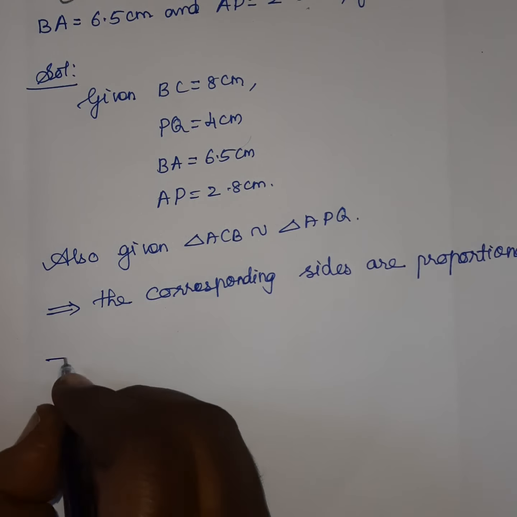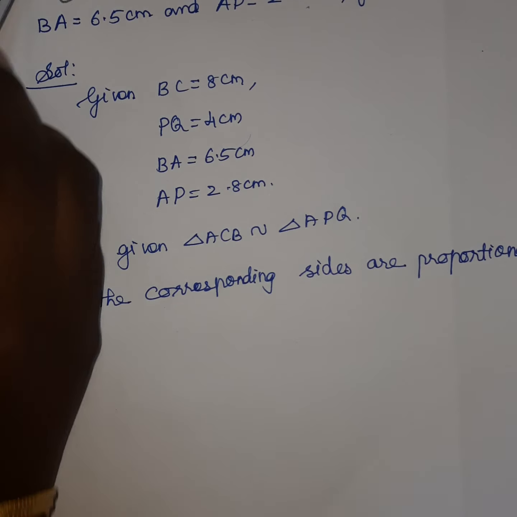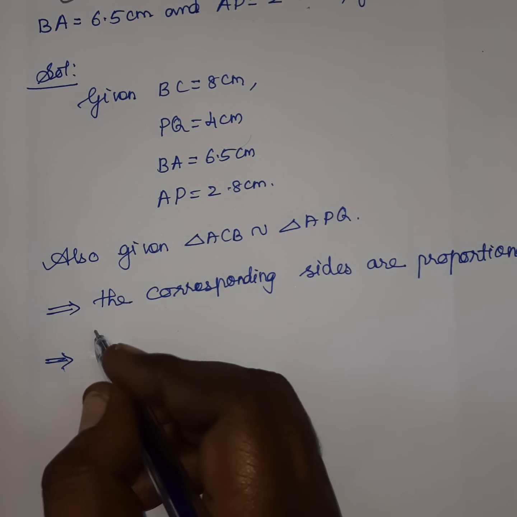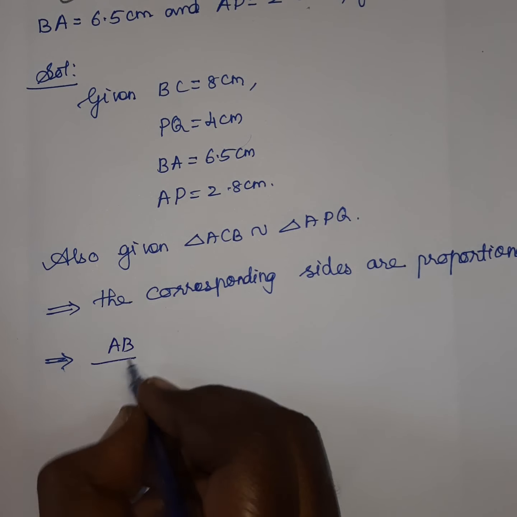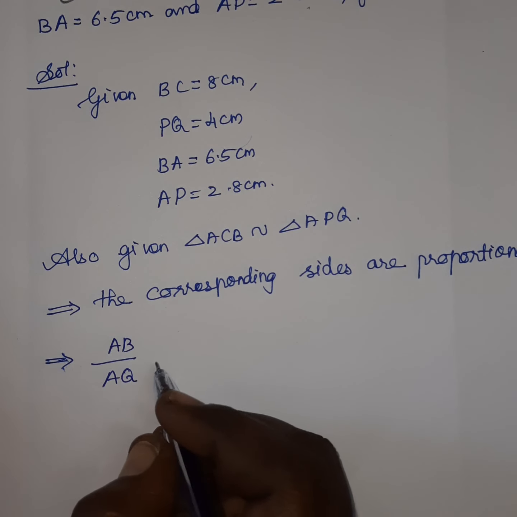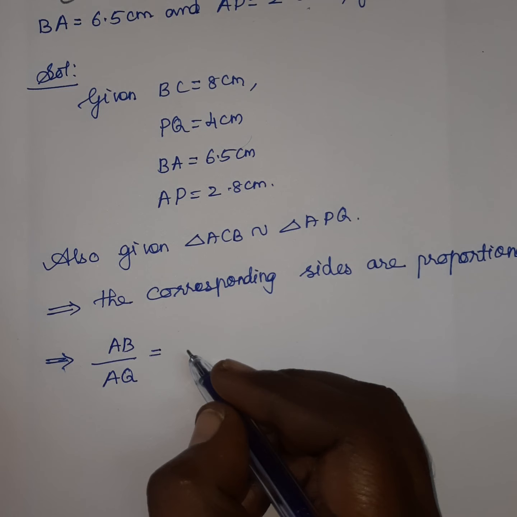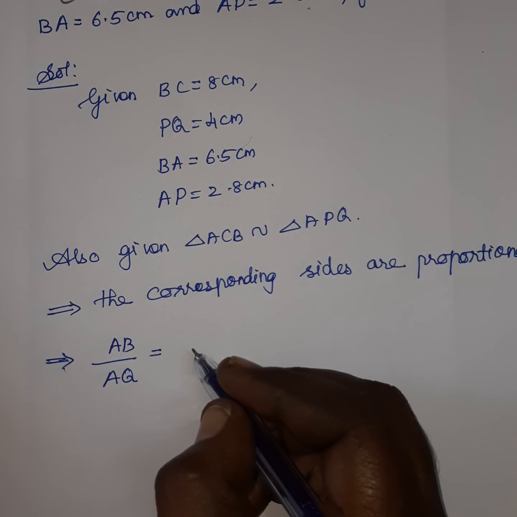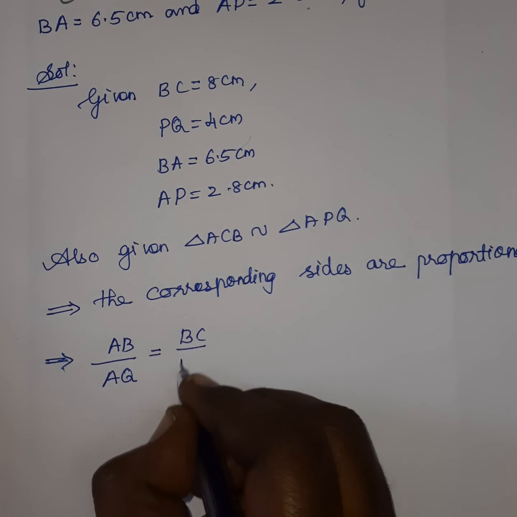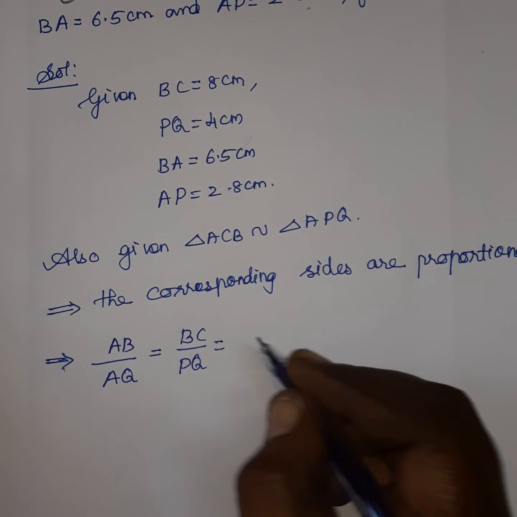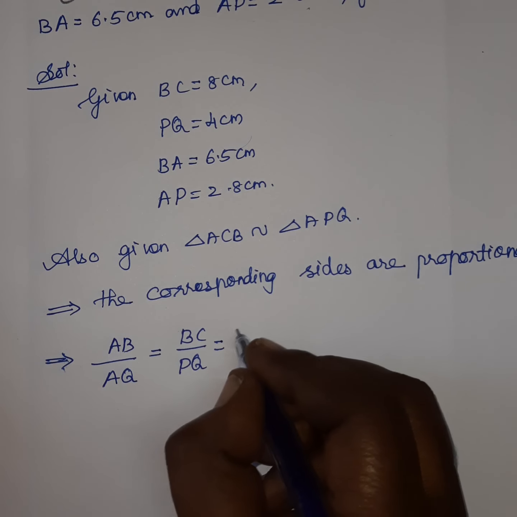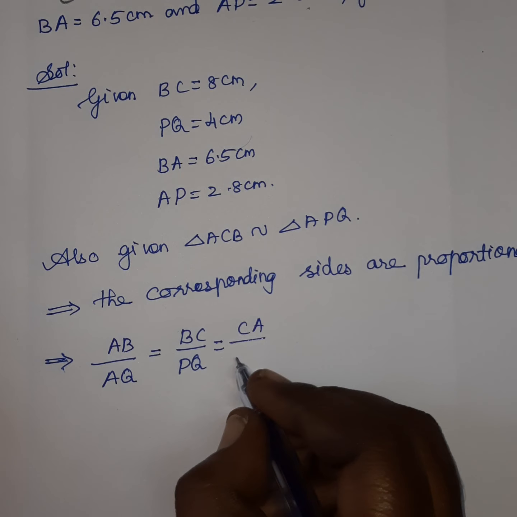Okay, so we can write the ratios of corresponding sides. Here this A is the common vertex. According to that we can write AB divided by AQ, with the common vertex, equal to, then without the A vertex you can write the remaining 2 vertices, so BC divided by PQ, equal to, then with the third vertex C and A, so CA divided by PA.